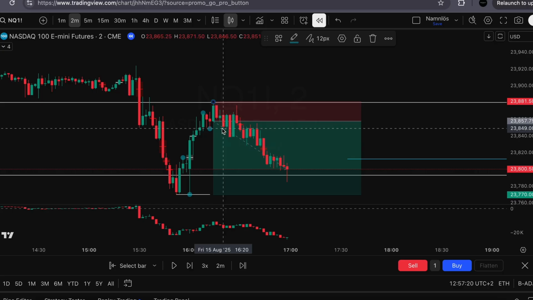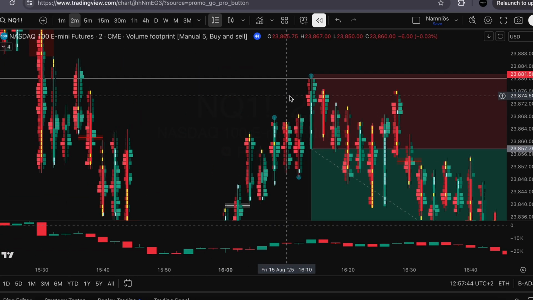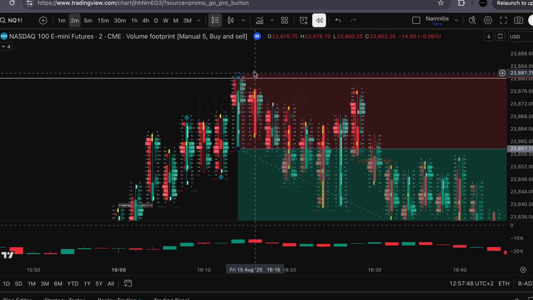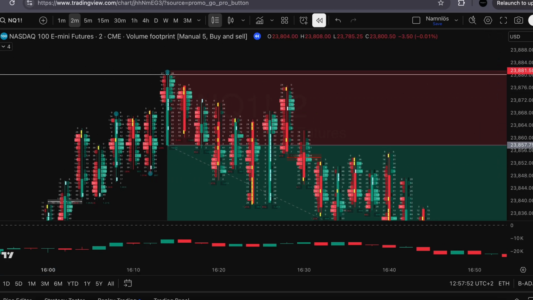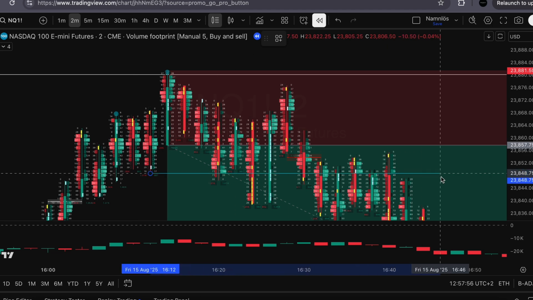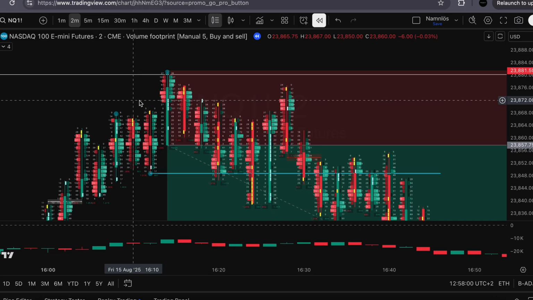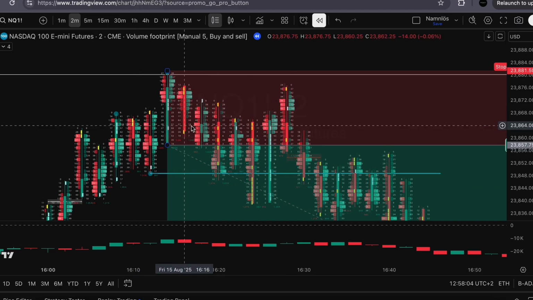Next, I looked at the order flow. I have the footprint charts, and I'm looking for weakness of the buyers, because I have a bearish bias. After we closed under this level, the next thing I was looking for is a stacked buying imbalance level that got violated.